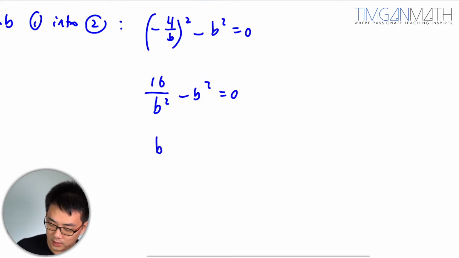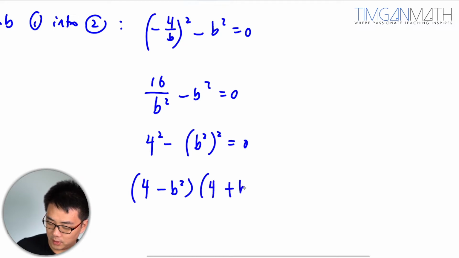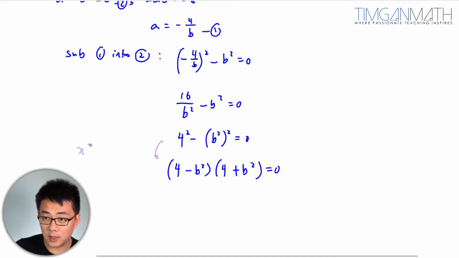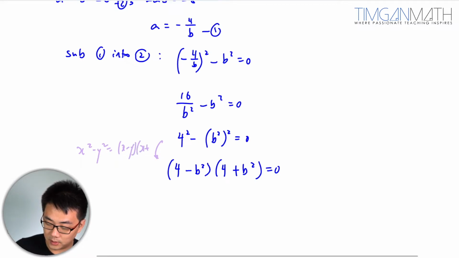This is 4 squared minus b squared, which is 4 minus b squared and 4 plus b squared. Using the difference of squares, x squared minus y squared equals x minus y times x plus y.